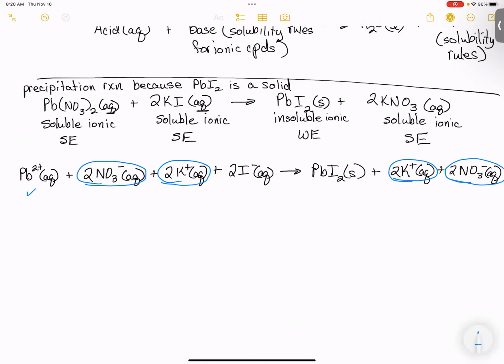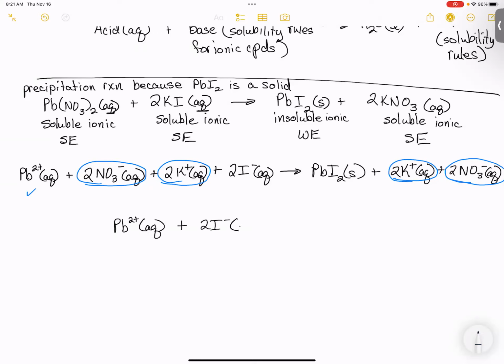I have 2 I minus aqueous on the reactant side. Do I have 2 I minus aqueous on the product side? No. Once you get through going back and forth through the reactants, whatever's left comes down into the net ionic reaction.